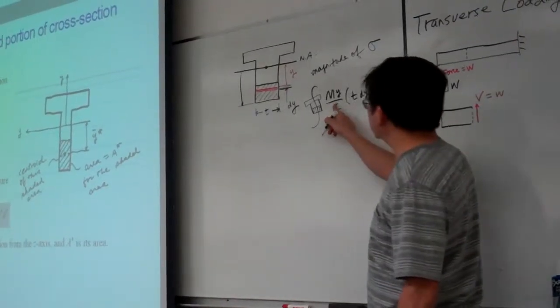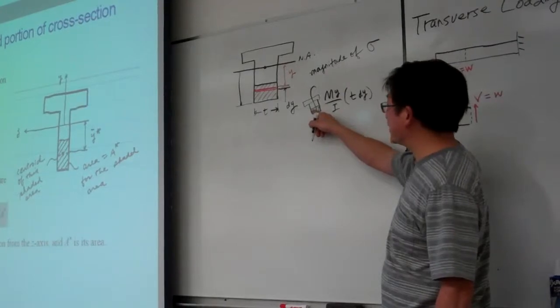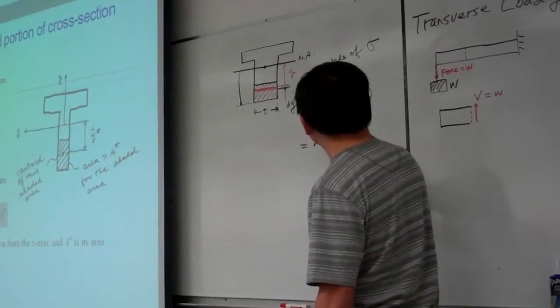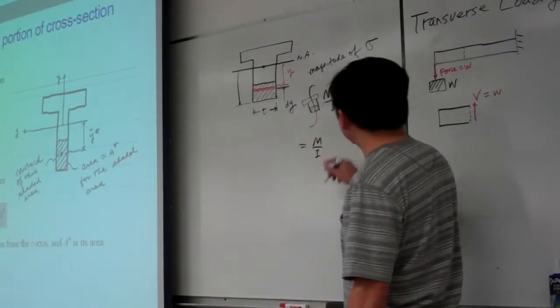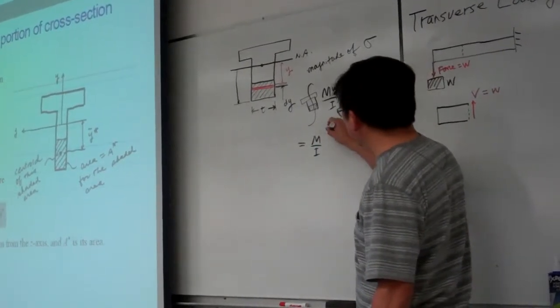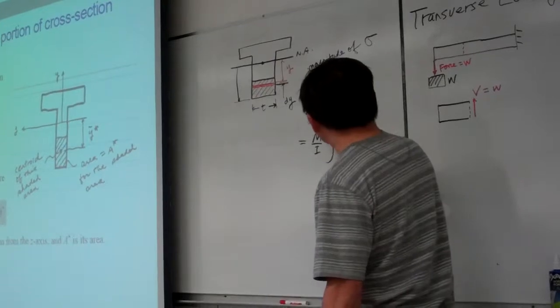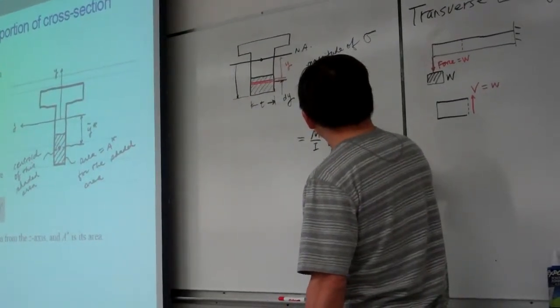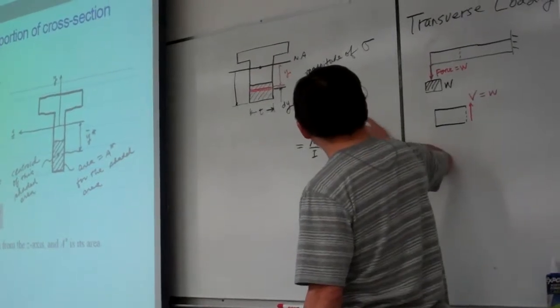That means this integration is taken over the shaded area. Okay, and then here we have the magnitude I that is independent of the position y. So basically this one can be converted into this integration of y dy.